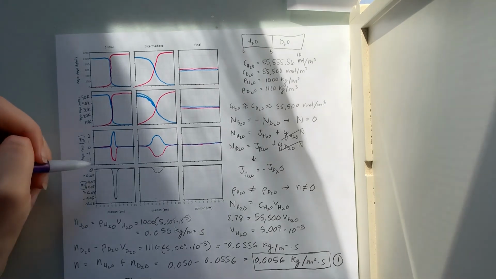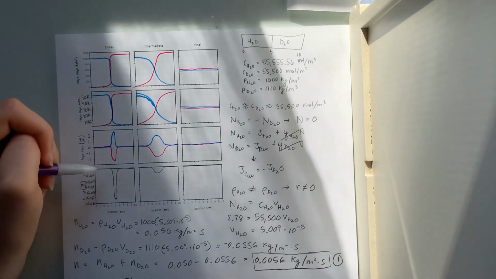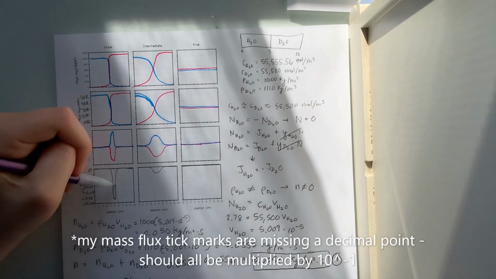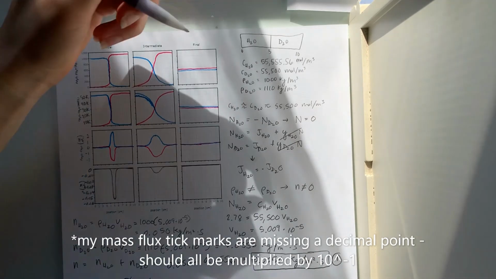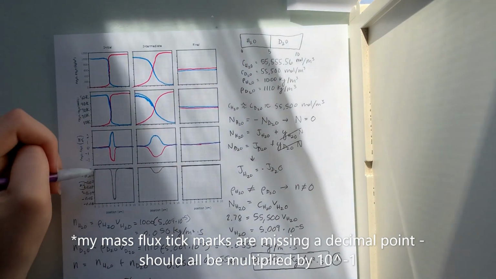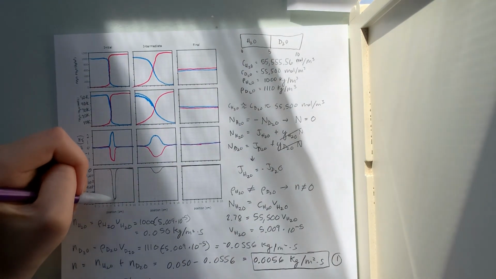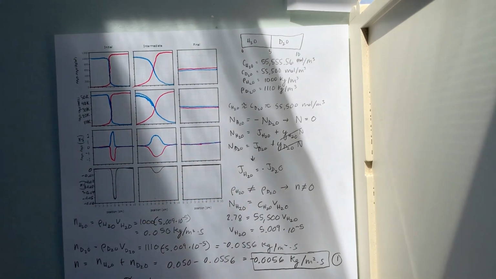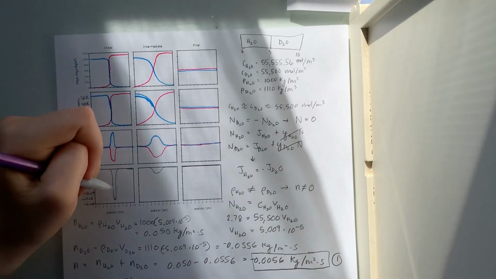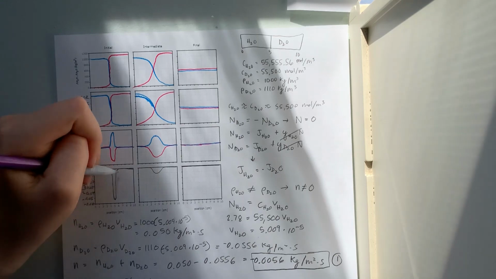For net mass flux, initially, all of the mass flux will be happening at the interface where the liquids are interacting. So it'll go from 0 to negative 0.0056, and then back to 0.